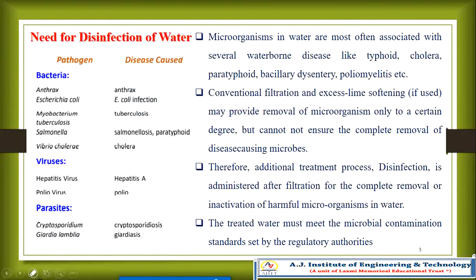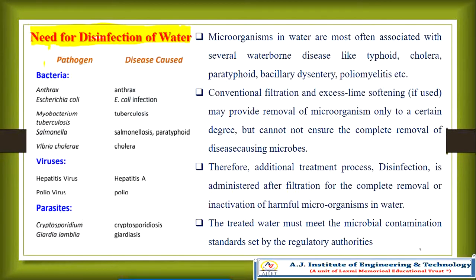Is it required because of waterborne diseases? If without disinfection we can drink the water, isn't it? We can drink the water. Why do we need the disinfection of water?